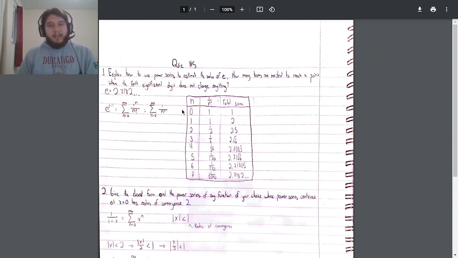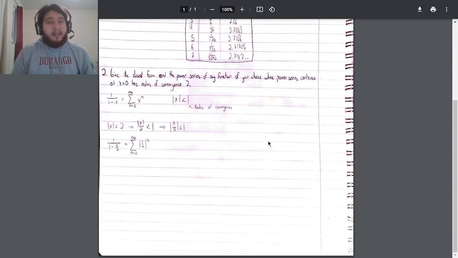And I did this a few different times, and I got that at the seventh n, we get the total sum of 2.7182, which is exactly the same as this e. The digits after it are not the same as the digits after this one. However, the first 5 digits are the same, so therefore it took 8 terms to get to the same 5 digits.